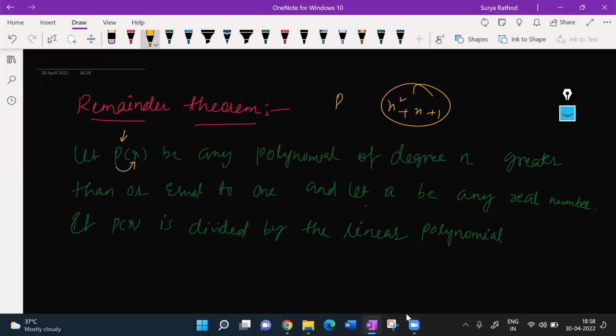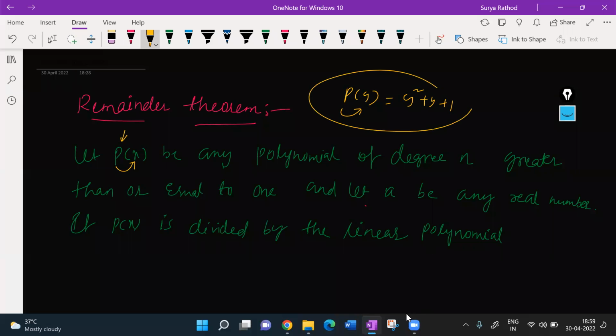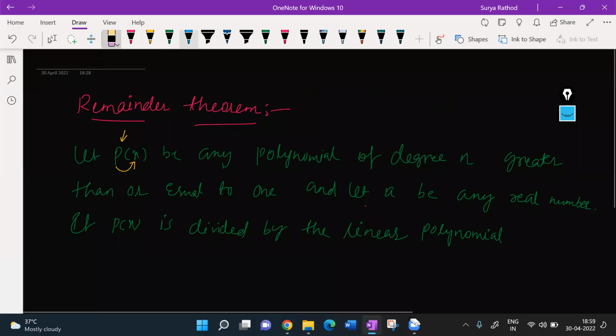This is a polynomial in the x variable. If I write P of xy, it is a polynomial in the variables x and y. If I write P of y, it is a polynomial in the y variable only. Understood my point?